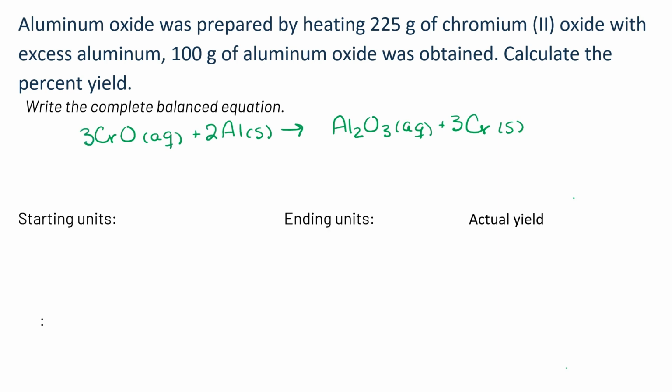My starting unit is going to be my grams of chromium oxide, and my ending unit is going to be grams of aluminum oxide. And I know that there was 100 grams of aluminum oxide as a theoretical yield, or actual yield.